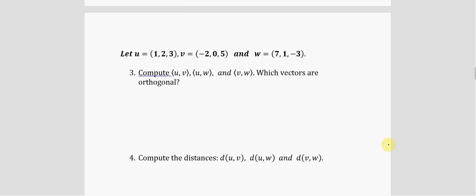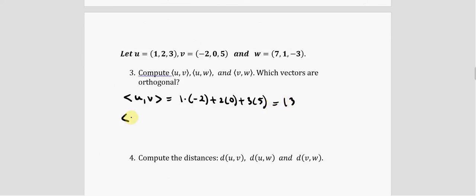Here, compute all of these inner products. So let's find the inner product of u with v. So this is 1 times negative 2 plus 2 times 0 plus 3 times 5. And so that gives us 13.